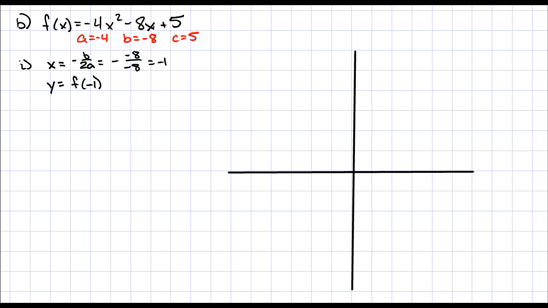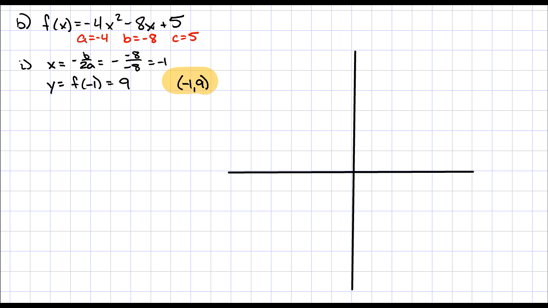F of minus 1 equals, so let's see what we'd get here. Negative 4 times positive 1 minus 8 times negative 1, so that's plus 8 plus 5. I got a positive 9. Okay, so the vertex here is going to be at the point minus 1, 9.